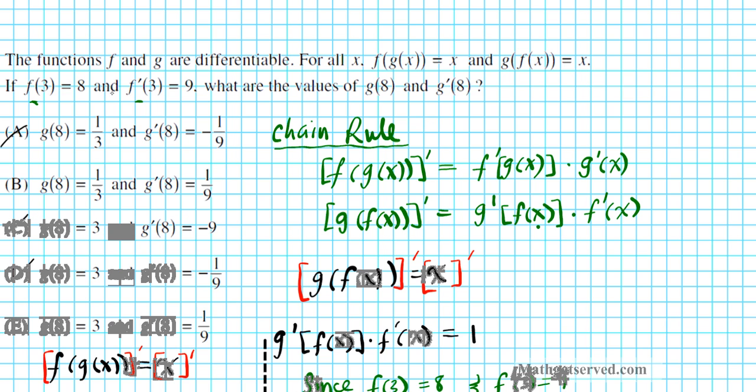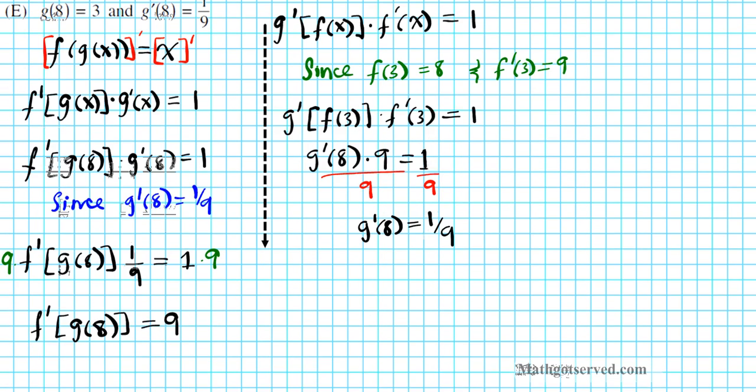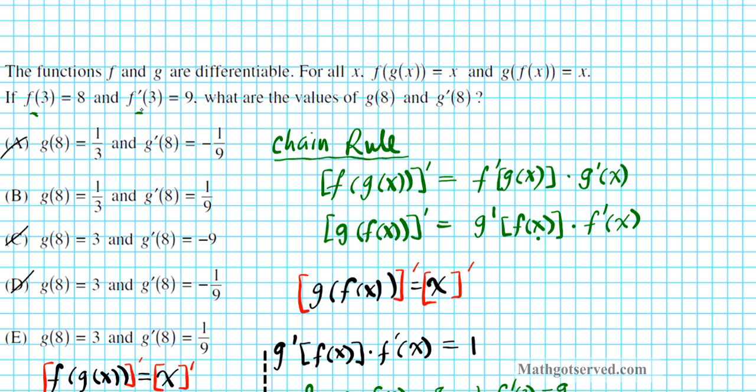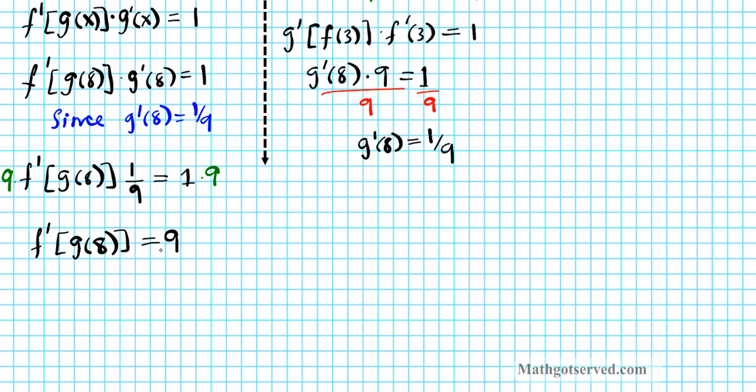Okay, so let's go back here. What do we know? We know that f prime of 3 is equal to 9. Let's write that down.